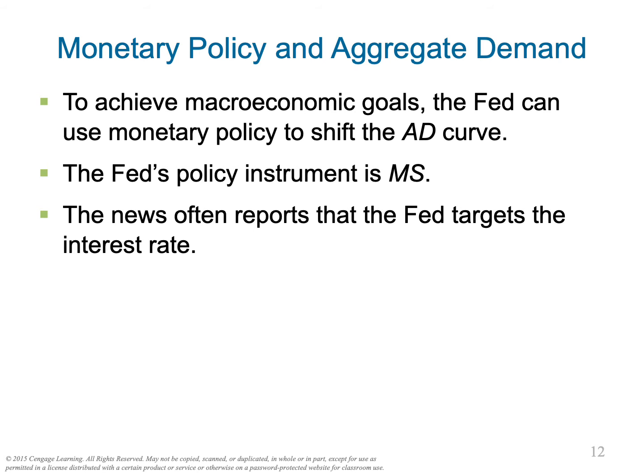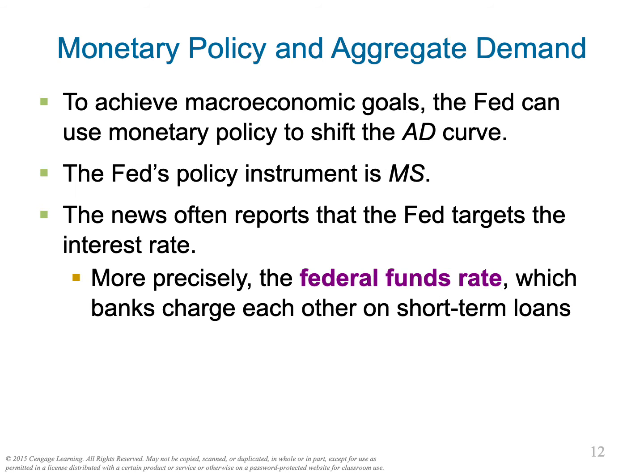Now, you may or may not have seen some things in the news about the Fed, but typically what the Fed does is it targets the interest rate, and in particular, it targets the federal funds rate, which, to remind you, is the interest rate that banks are allowed to charge one another on very, very short-term loans, typically just overnight loans.